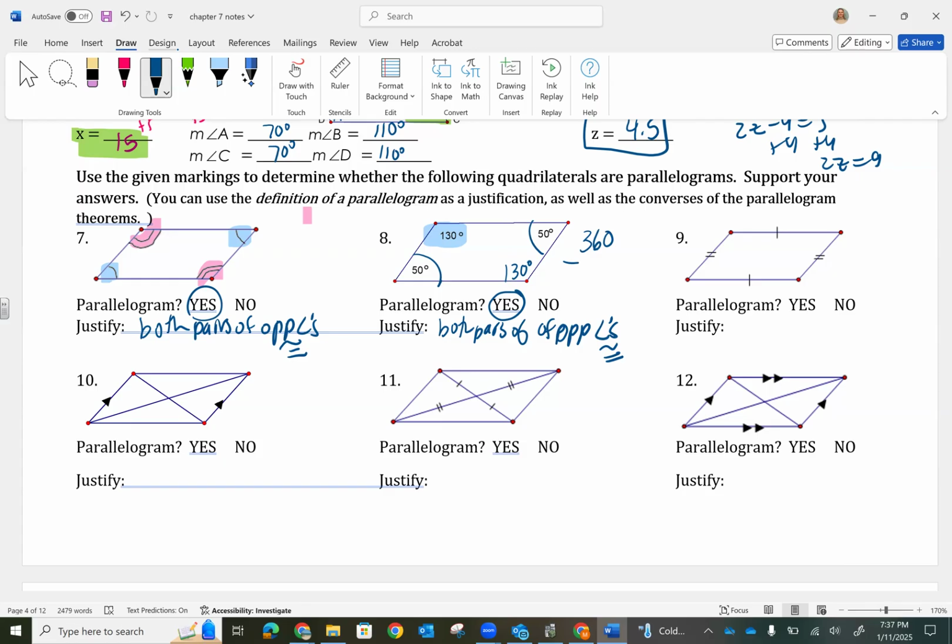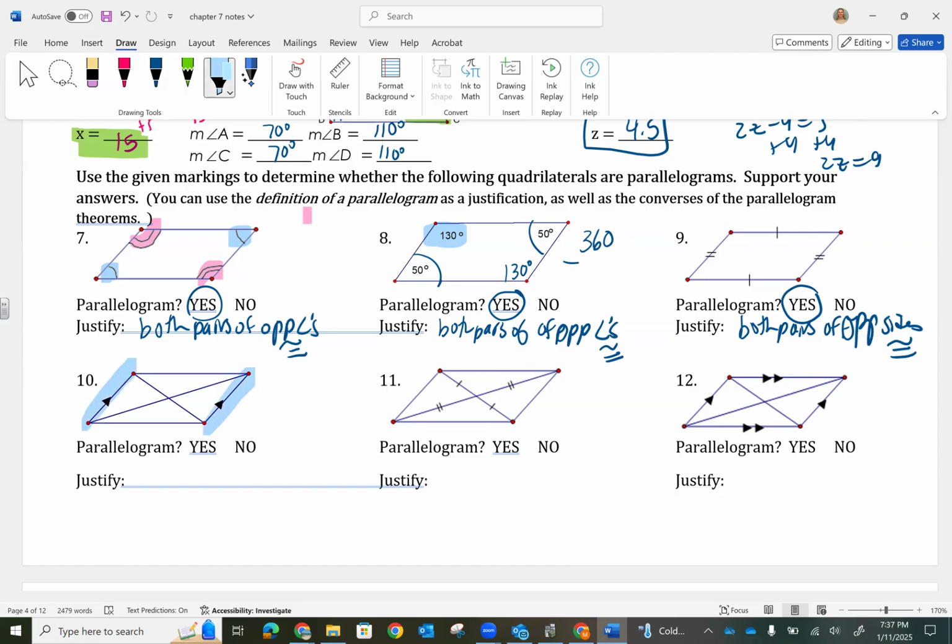Is this a parallelogram? Well, the answer is yes. Why? Both pairs of opposite sides are congruent. That's one of the features of a parallelogram. The next one, do you see, remember the 2 triangles mean parallel? I see a set of parallel sides.